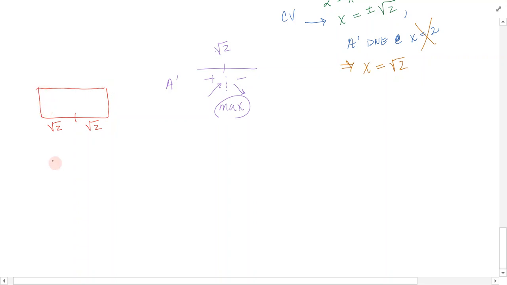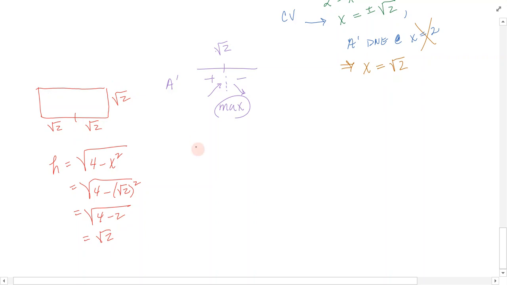Now remember, the height was equal to the square root of 4 minus x squared, or in other words, the square root of 4 minus the square root of 2 squared. So 4 minus the square root of 2 squared is 4 minus 2, which is 2, so we would have a height of the square root of 2.